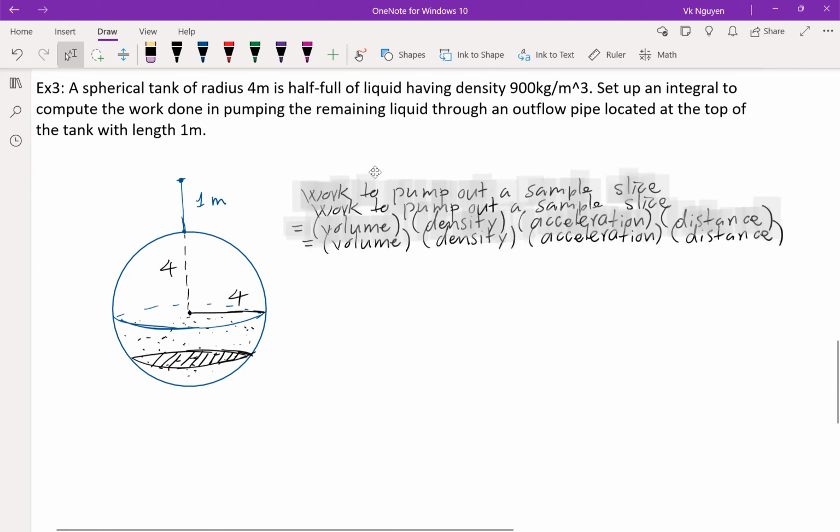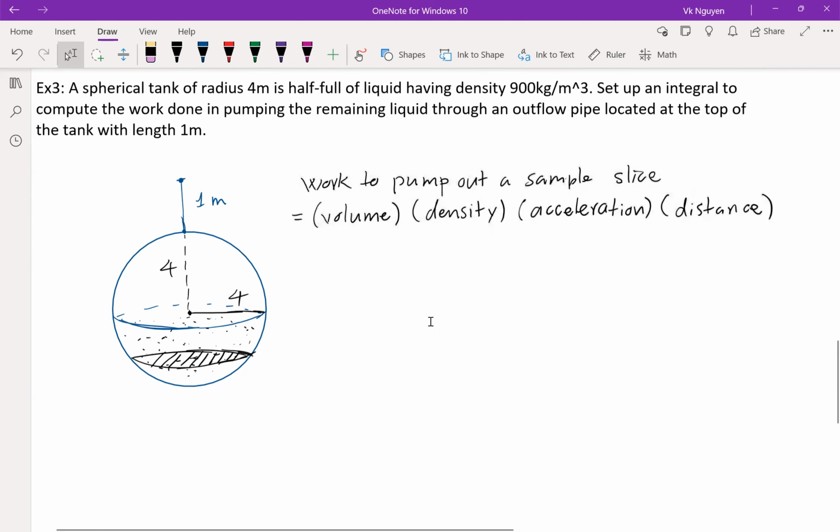Work to pump our sample slice, same formula: volume times density times acceleration times distance. The volume is the base area times thickness.